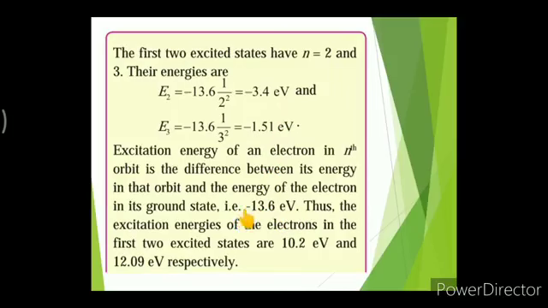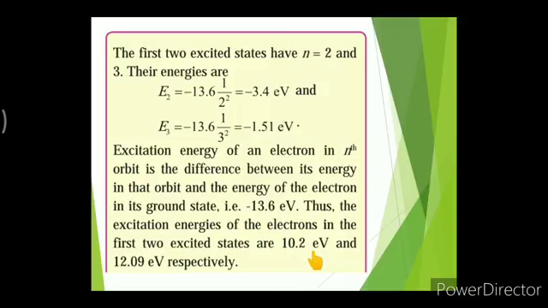So it is to be written as minus 3.4 minus 13.6 electron volt. On taking the difference of these two values, we are getting the excitation energy for the first excited state is 10.2 electron volt.